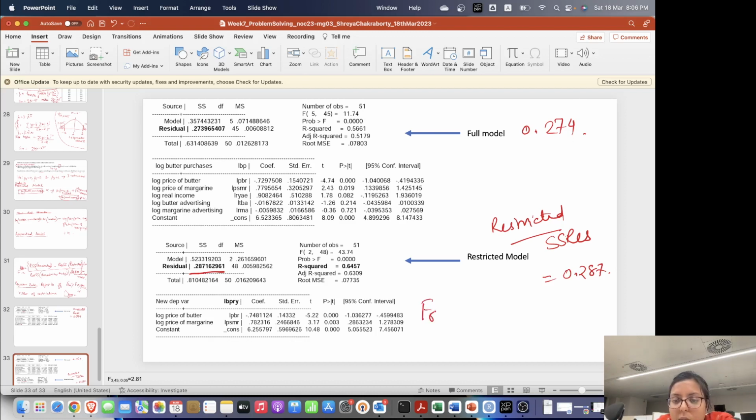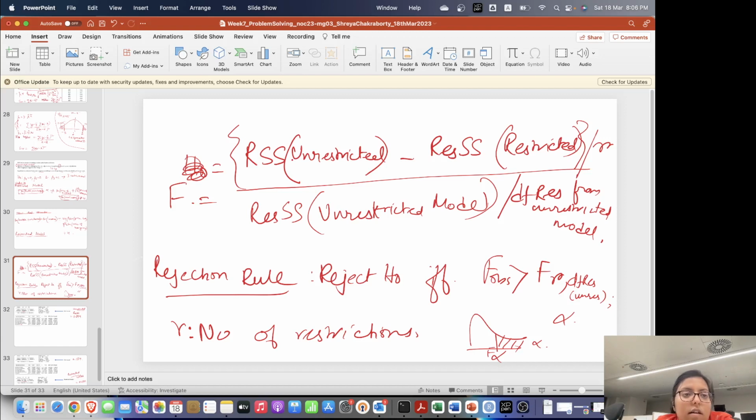So then the F observed becomes the sum of squares from the sum of squares residuals, sorry, I wrote it the wrong way around, one second, F stat can never be negative.